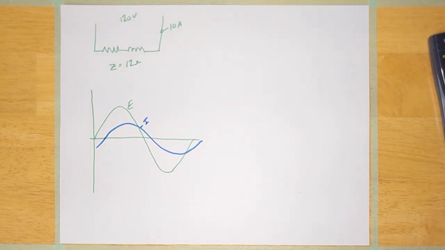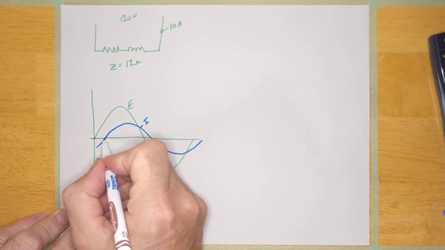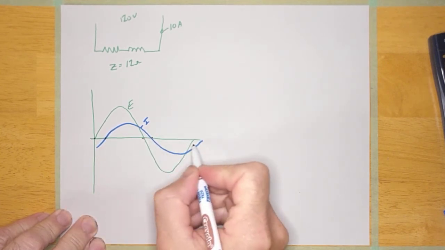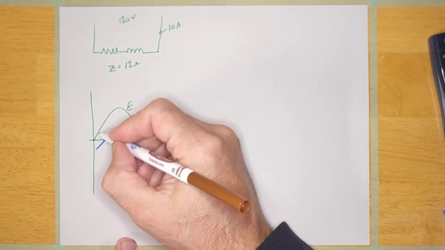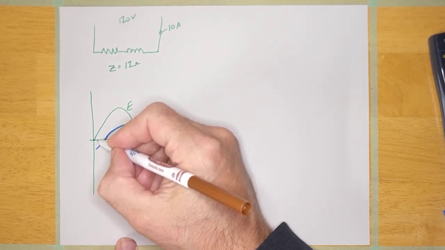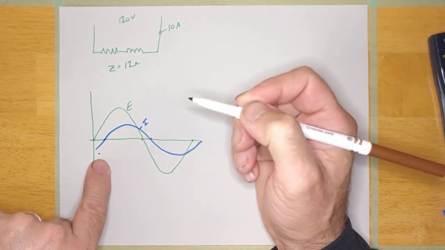And if I want to know what the power on this particular circuit looks like, well, anytime the voltage or the current goes through 0, the power is 0. So power is 0 there and there. And so now we'll just see what's going on between. Look, negative current, positive voltage, negative value of power there.